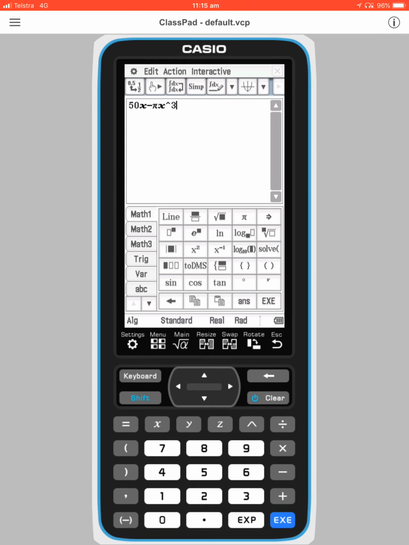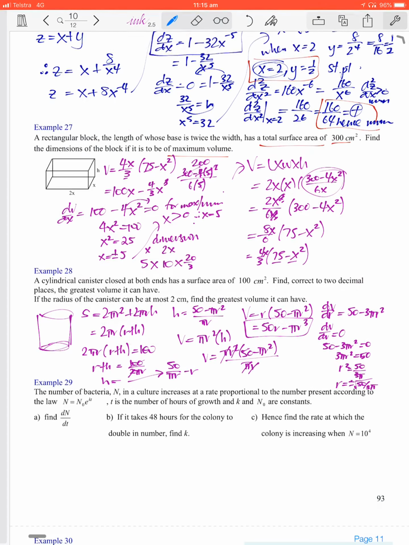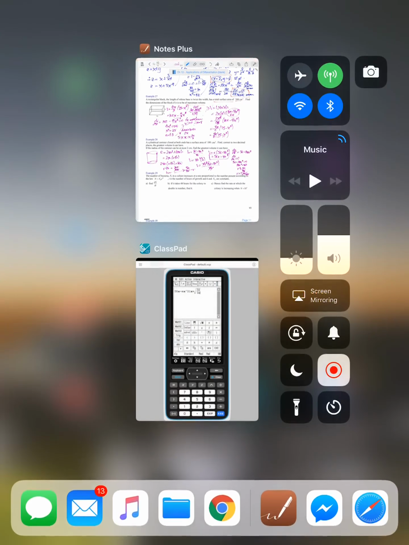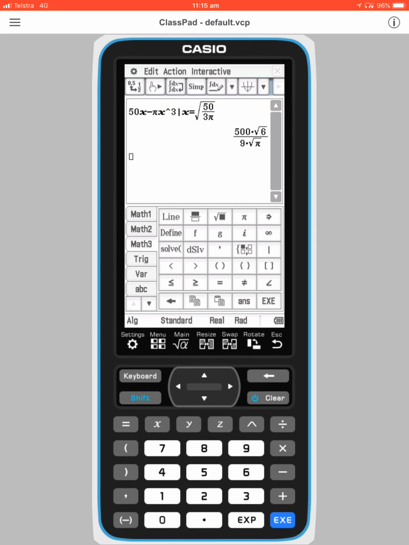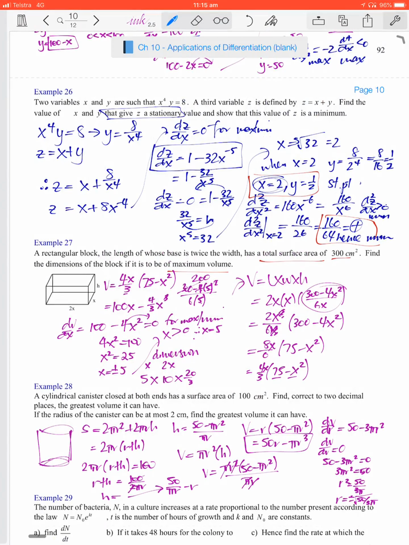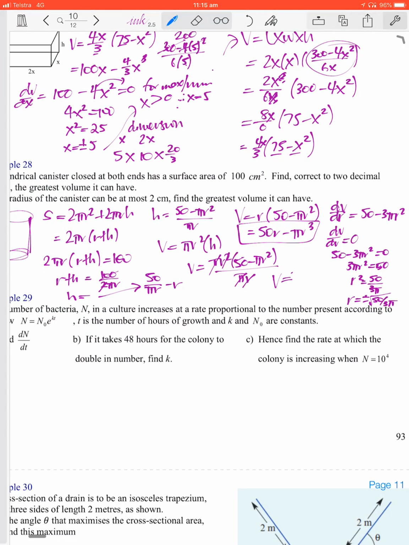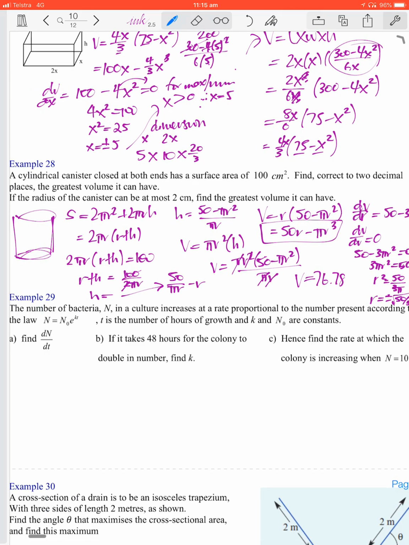And given x equals square root 50 on 3 pi, yep. If we do that, it tells us that's our value, but we wanted it as a decimal. So volume equals 76.78.